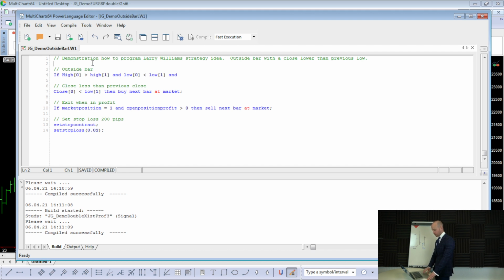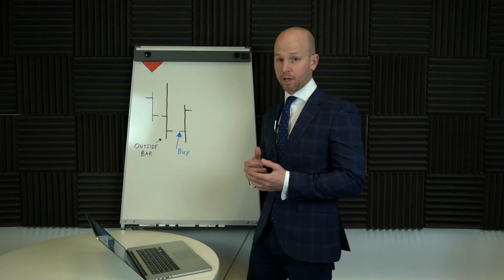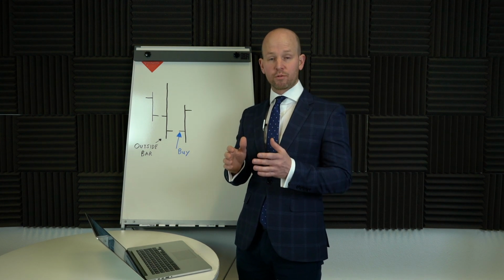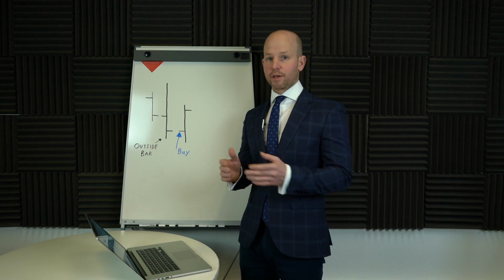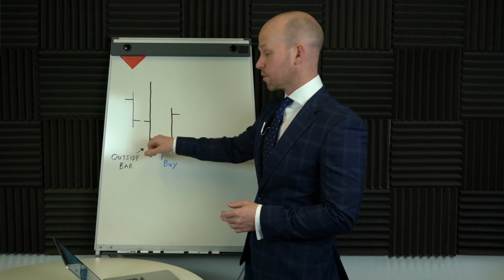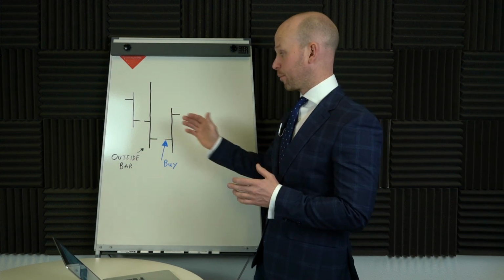So the first condition that we're going to look at, and I've put a little note here, is we need to determine what the outside bar is. Multicharts tends to look at the close of every bar. So if you imagine that the bar has just closed and now we need to make a decision to either do something or not do something. Imagine that we're at the close of the outside bar and Multicharts is at that point in time.